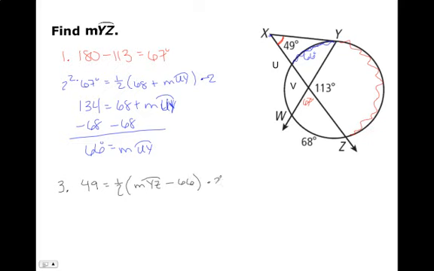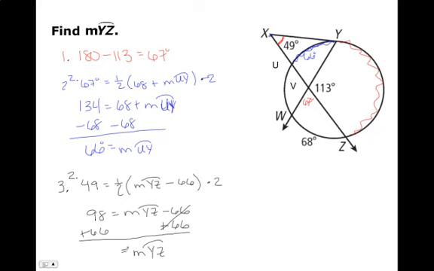There's our fraction, so divide by the denominator. Add 66 to both sides. And we get that the measure of arc YZ is 164 degrees.